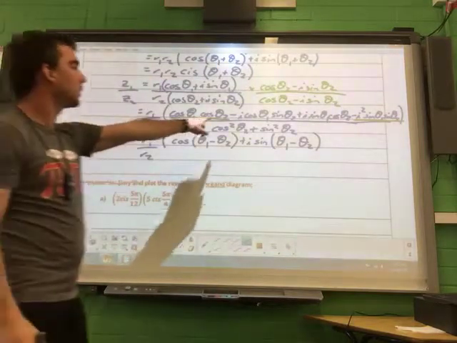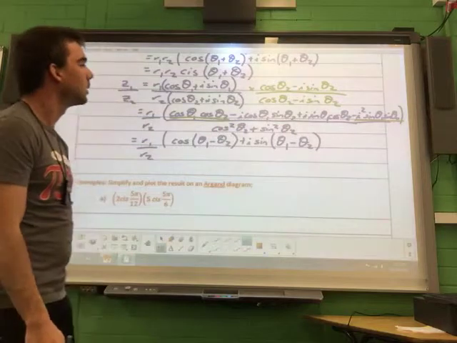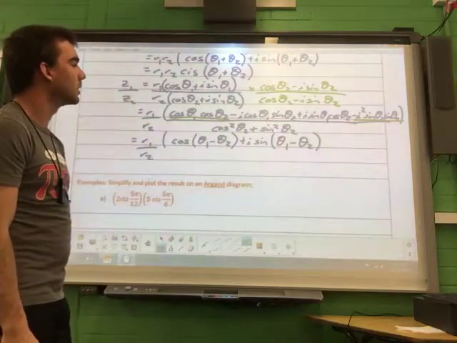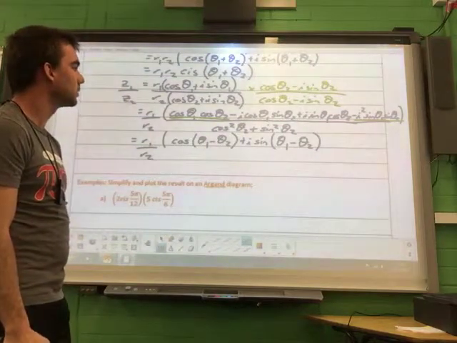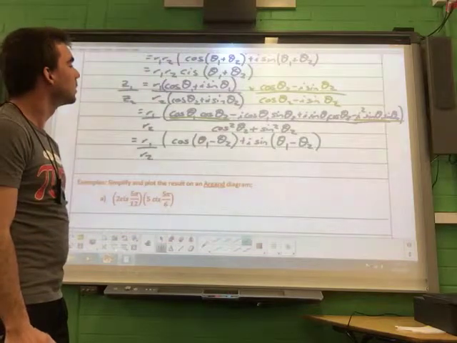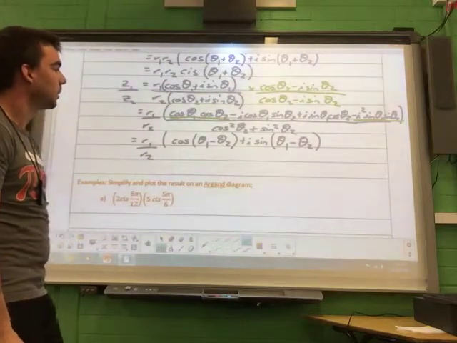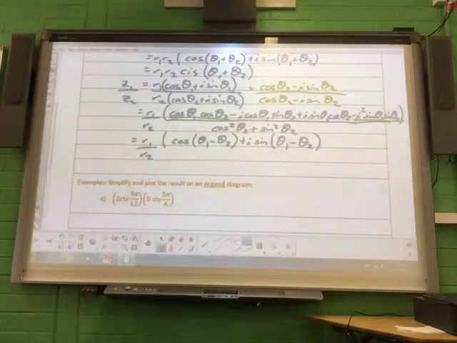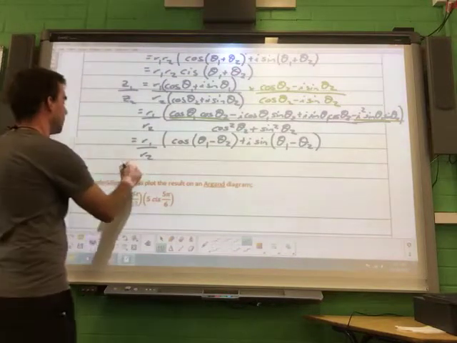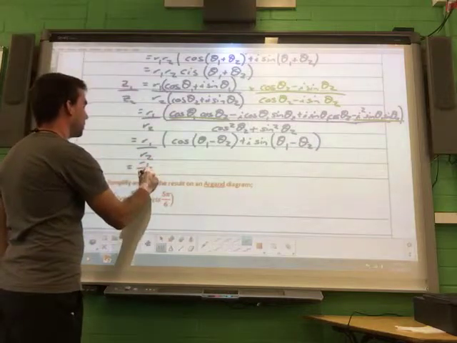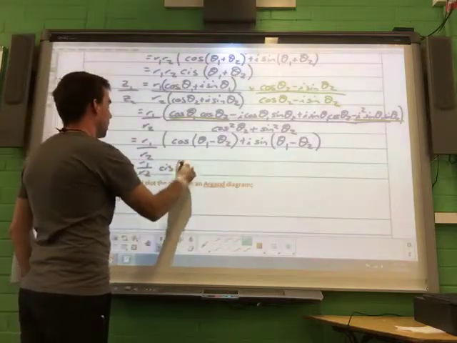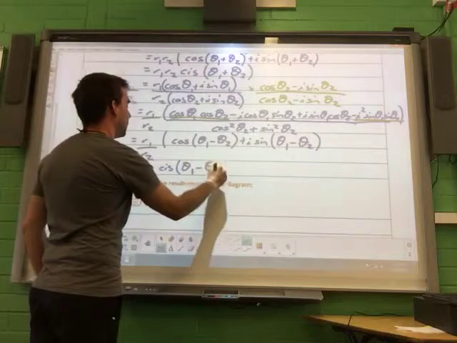Yep, because when you factorise the negative out, you have a negative between those two brackets. And that's your result. So equal r1 over r2 cis of theta 1 take away theta 2.